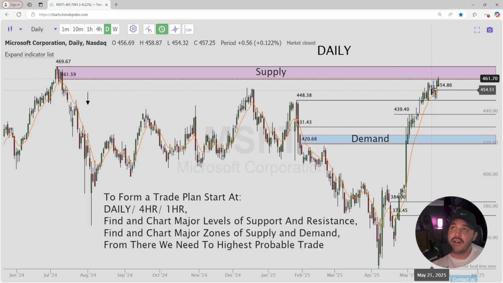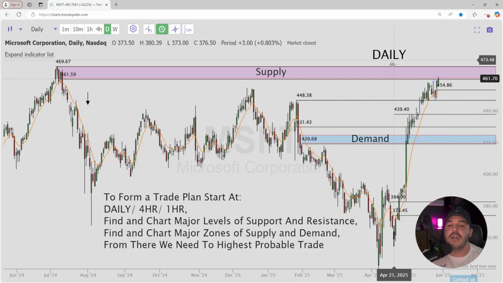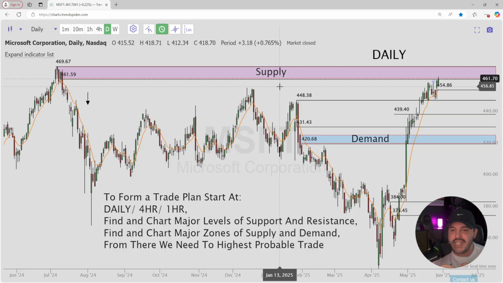that took us higher. So if we're coming back to retest that big demand, especially on a higher time frame like the daily chart, then the highest probability is that buyers will act as buyers and defend that demand zone, just as sellers will act as sellers and defend the supply zone. So using these metrics, we can show what is going to be the highest probability trade.